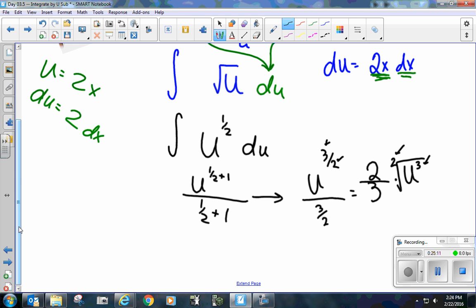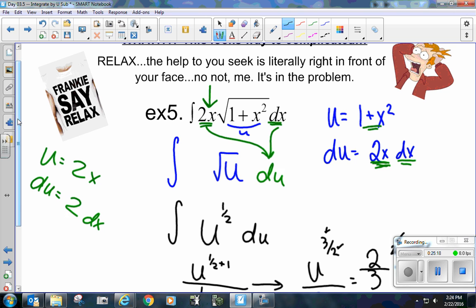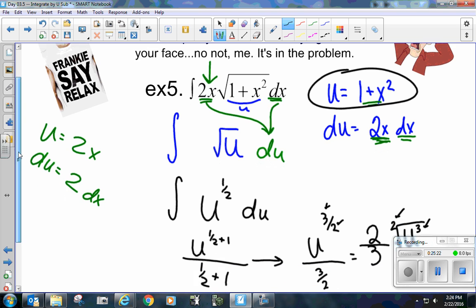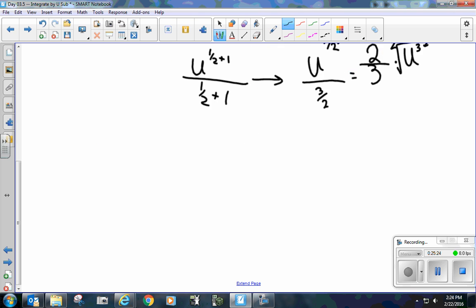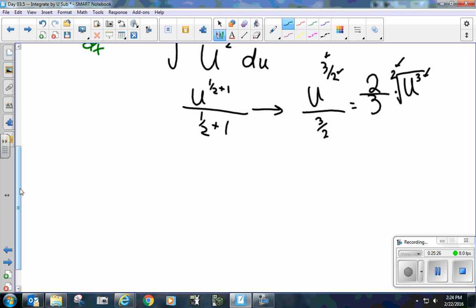Now, what was my u? 1 plus x squared was my u. We have it right here. It was 1 plus x squared, so we're just going to put that back in. There's no bounds. I don't got to figure out what it is after that. I have 2/3 times the square root of 1 plus x squared cubed.